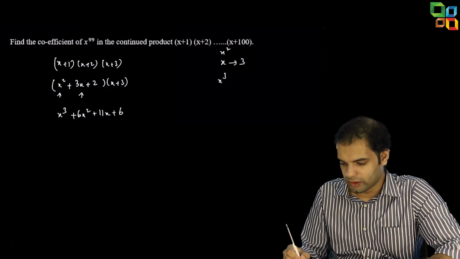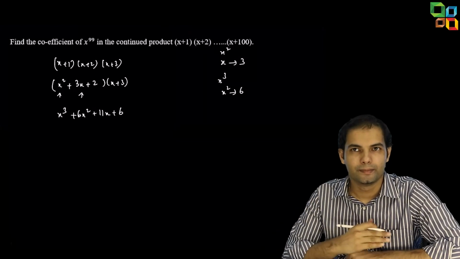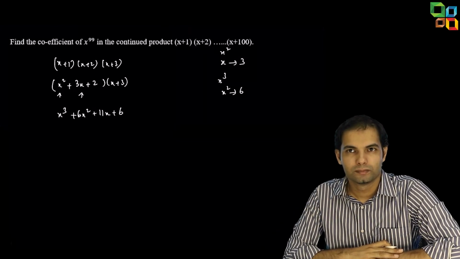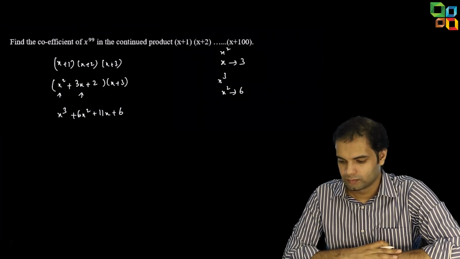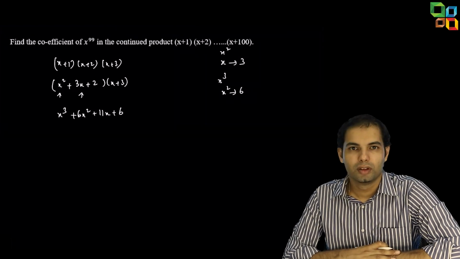So this is 6. Okay. Did you continue the same? No, I did only till here. I didn't check if the pattern continued, but I thought it would be like 1 plus 2 will be 3, and then 1 plus 2 plus 3 will be 6. I didn't continue that.